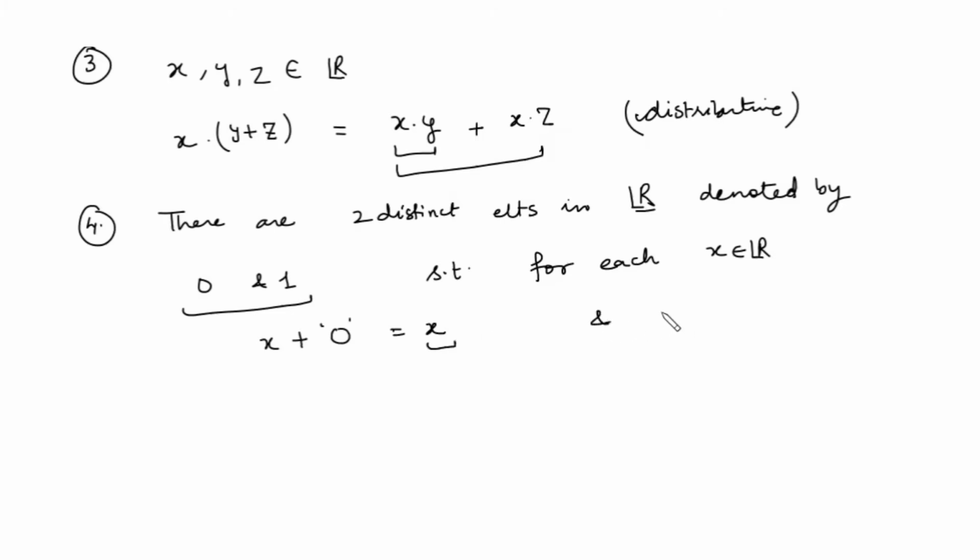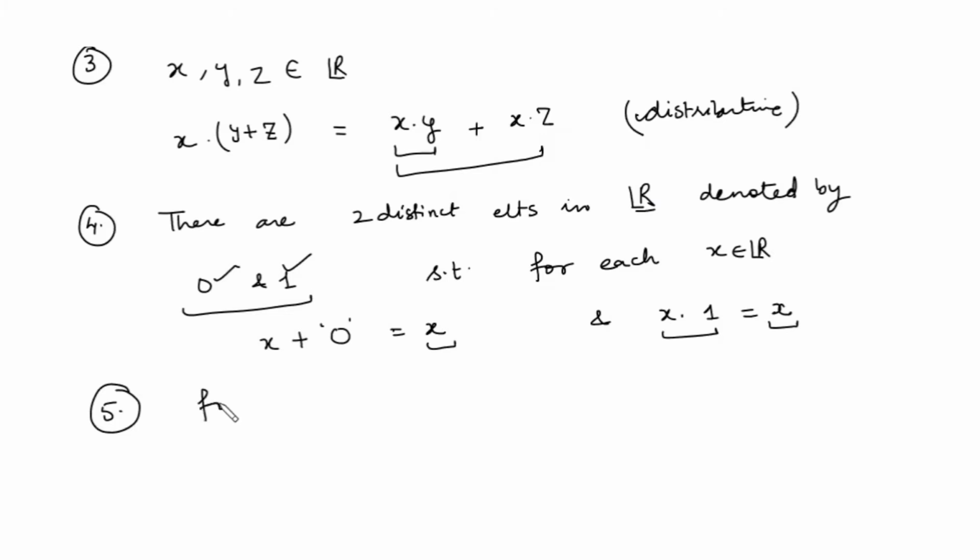And similarly, when you multiply any real number with 1, again you will have the same number x. So 0 and 1, these are two identities with respect to the operation addition and with respect to the multiplication. And clearly 0 and 1 are real numbers, so they exist in the set of real numbers. So that means identity exists in case of real numbers.